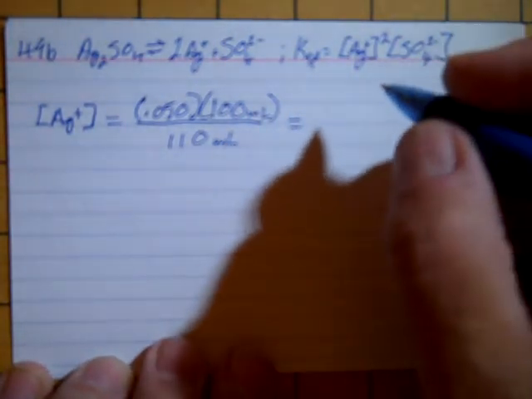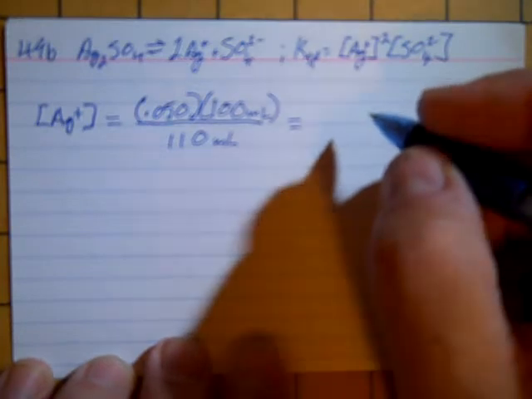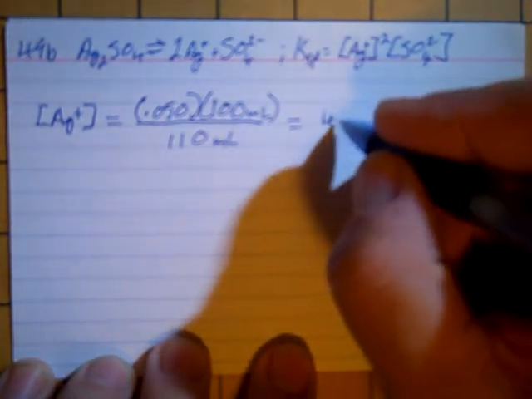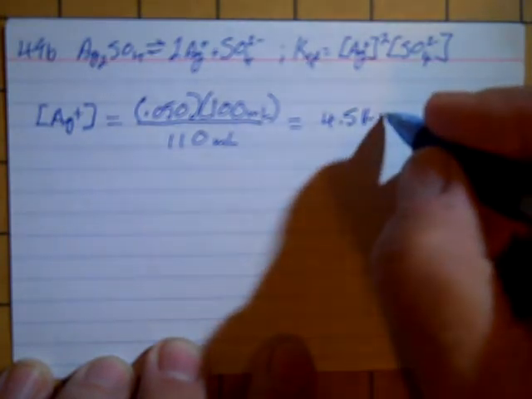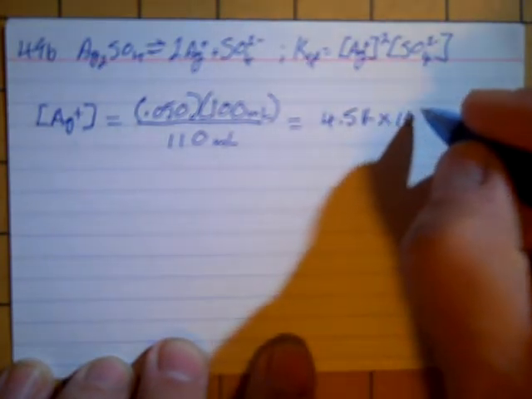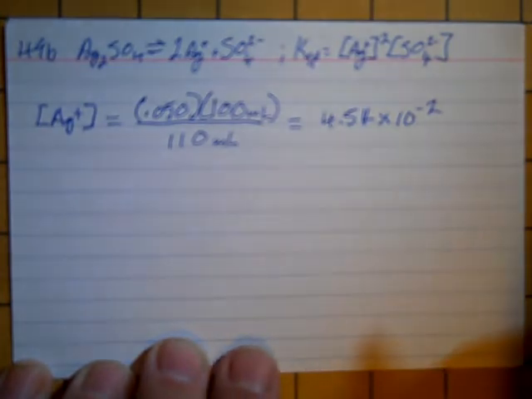And for silver, that works out to be 4.54 times 10 to the minus 2.